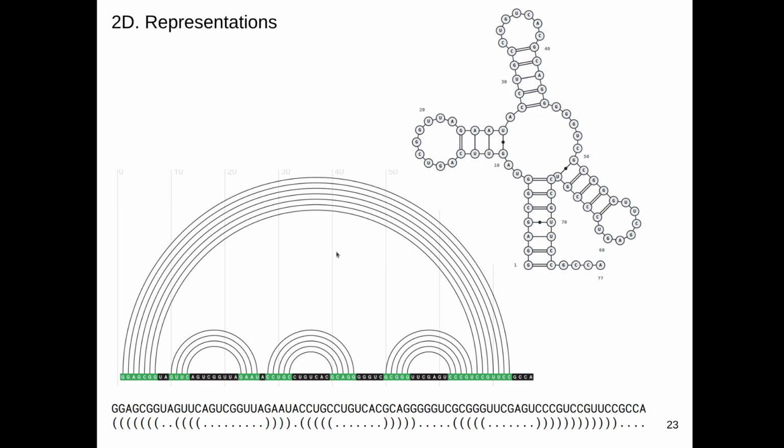Now, if these 2 representations are not computer friendly, machine friendly, the more computer friendly representation is a dot bracket diagram or dot bracket notation, where we also stretch a sequence from left to right, and then we depict base pairs as pairs of matching parentheses or brackets of different types.